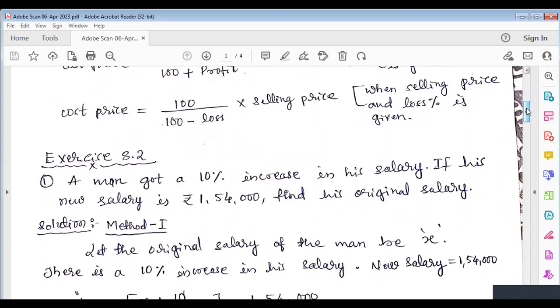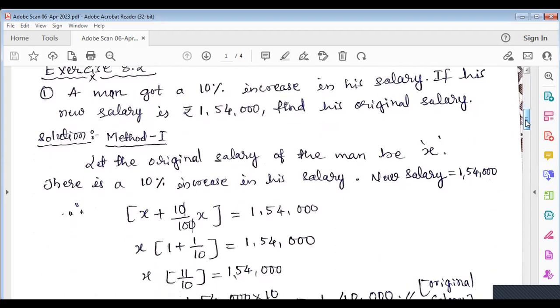And now, in the last session, I have solved exercise 8.1 of this chapter. And now I am going to solve exercise 8.2 of this chapter.